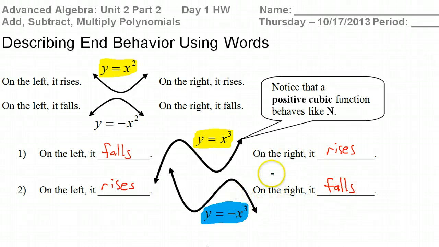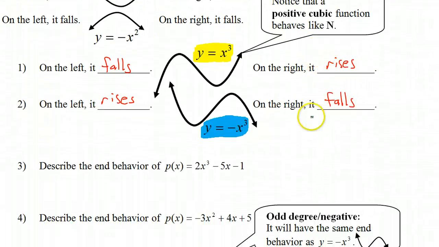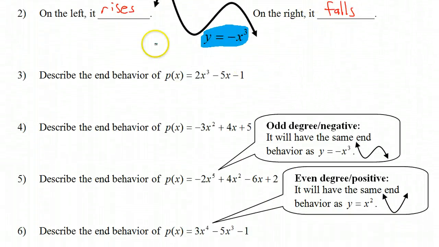Now, keep that in your mind. So looking at number 3, describe the end behavior of p of x, and here's the function. But this time I didn't give you a graph. So how are you supposed to know what the end behavior is like without being given a graph?